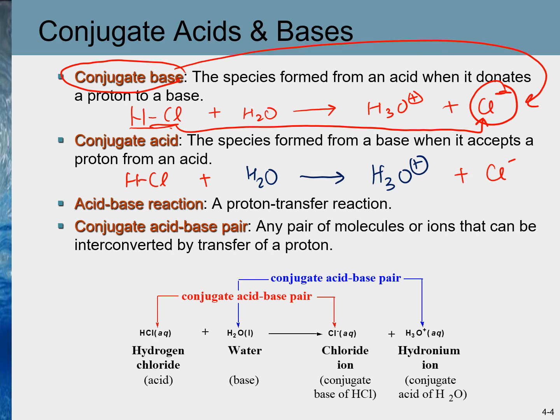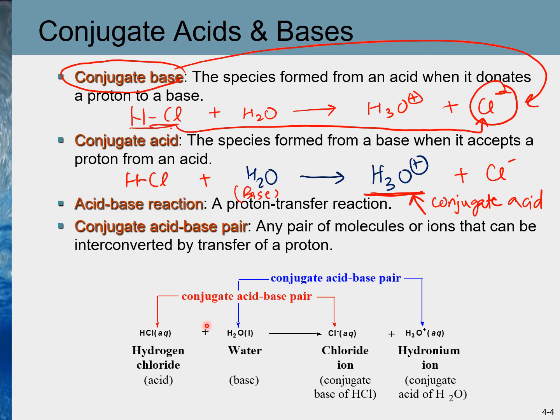Water is accepting a proton, so water is a base, and after accepting a proton, the new species formed is known as the conjugate acid. In other words, after donating a proton, an acid becomes a conjugate base, and after accepting a proton, a base becomes a conjugate acid.